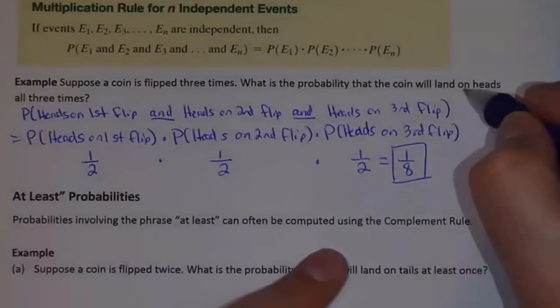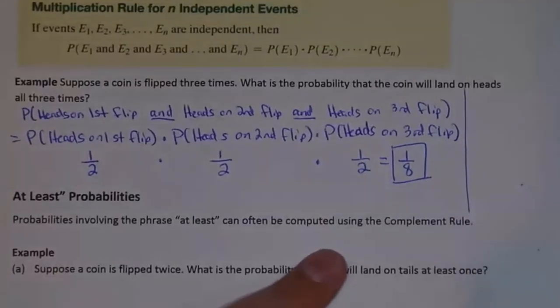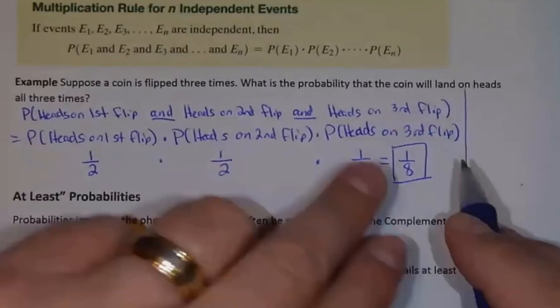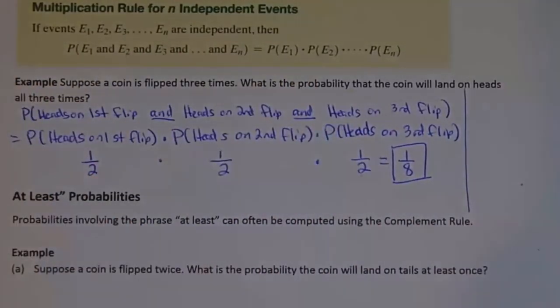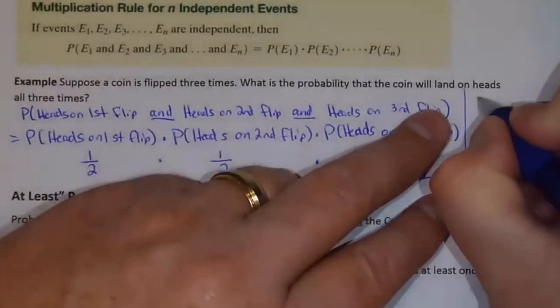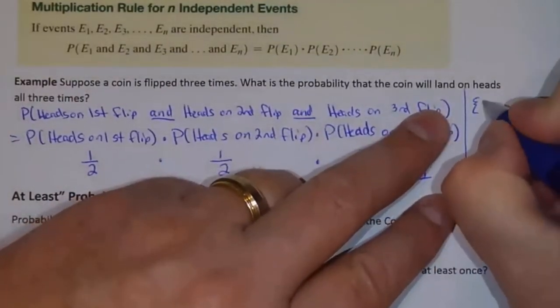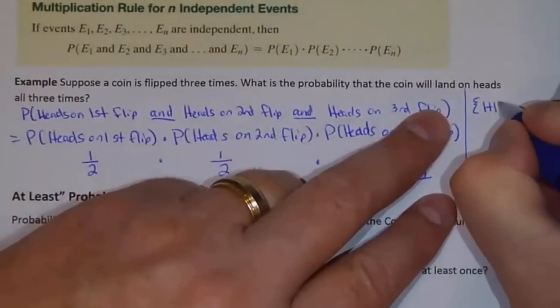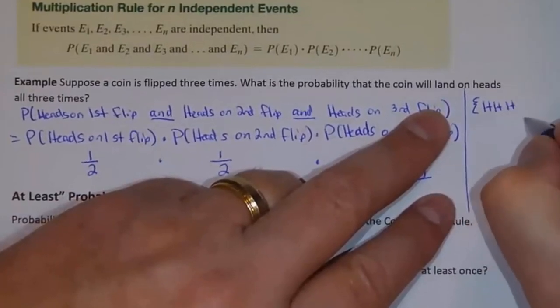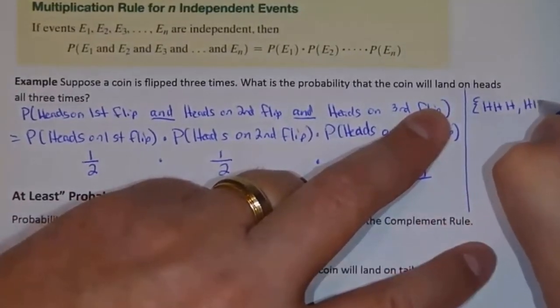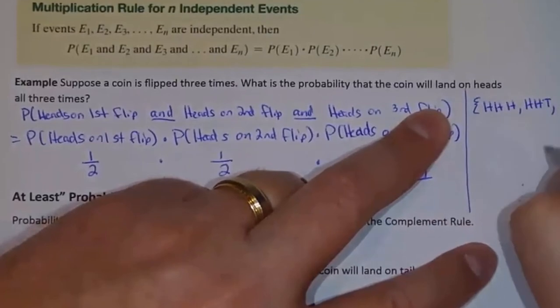Now again, we could have also done this before by listing all of the outcomes. So the multiplication rule saves us from having to list the sample space. For example, if I flip a coin 3 times, it could be heads, heads, heads. It could be heads, heads, tails.